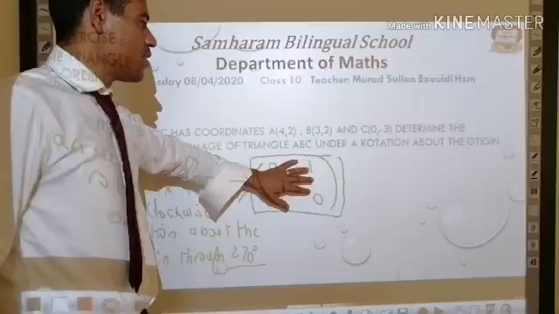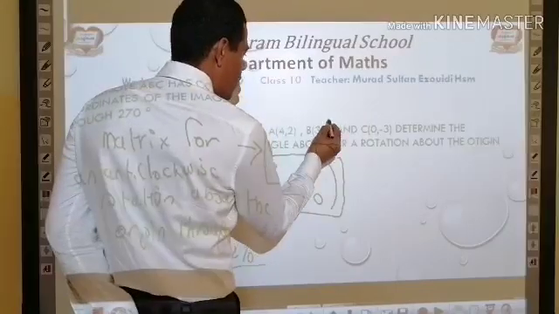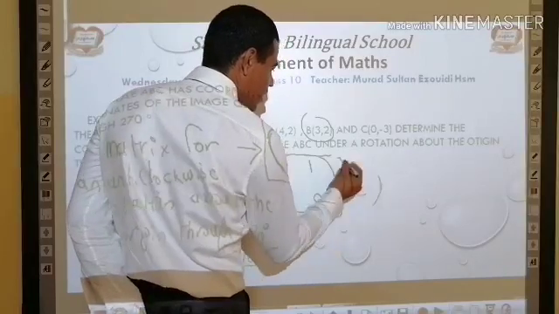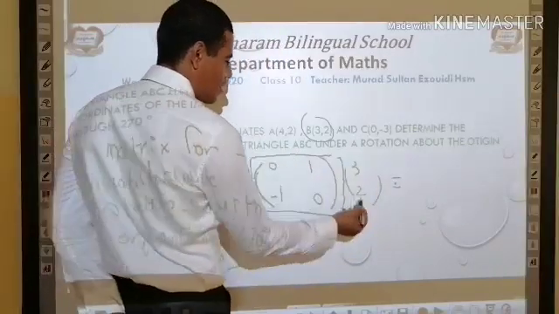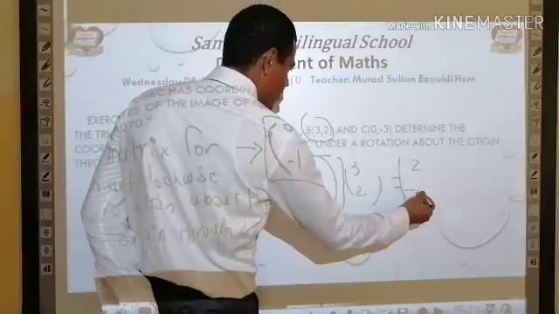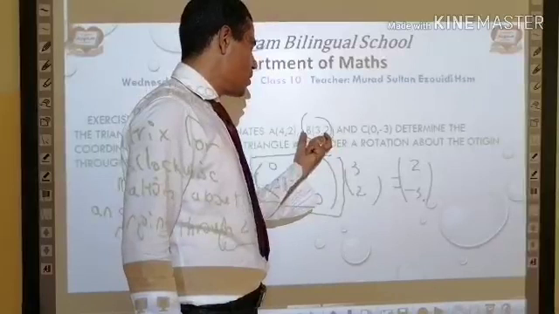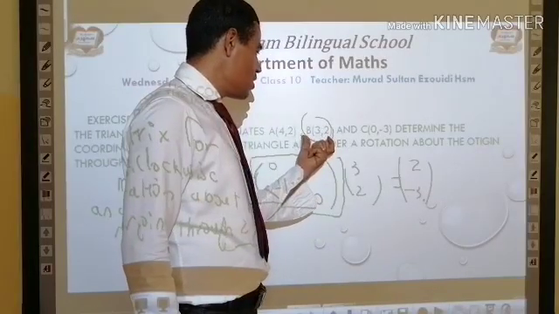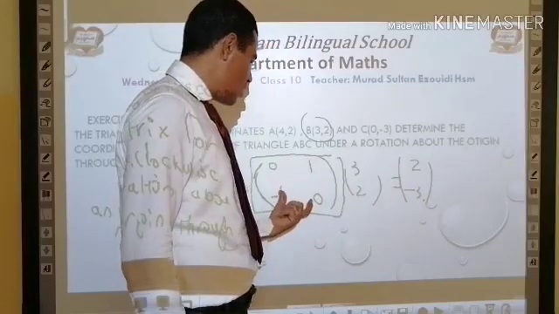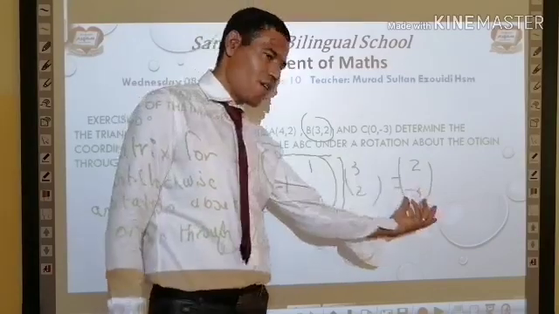Okay? This is the matrix. This one helps you to find the coordinates of any point. If, for example, this point B is 3, 2, I will just write here 3, 2. Then I will calculate it. 0 by 3 is 0, plus 1 multiplied by 2 is 2. Then minus 1 multiplied by 3 is minus 3, plus 0 by 2 is 0. So I immediately use the transformation matrix to transform B into B prime. I just multiply the matrix for anti-clockwise rotation about the origin through 270 degrees by this point. I found this one. Okay?